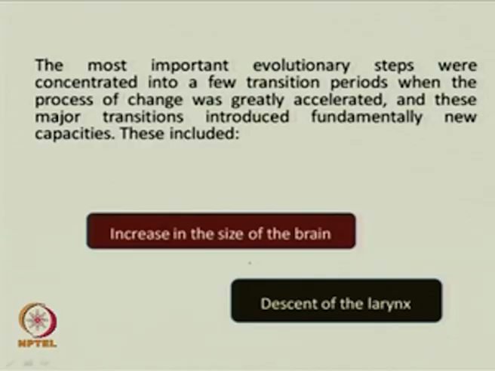Then the essay says the most important evolutionary steps were concentrated into a few transition periods when the process of change was greatly accelerated, and there are, to begin with, okay, one very important point here, which is the increase in the size of the brain, and I would like to spend some time talking about this here, okay?